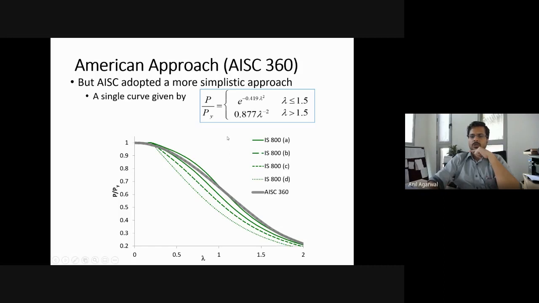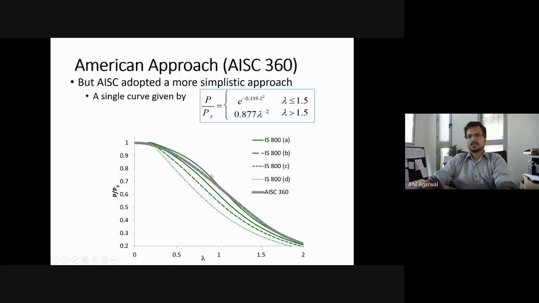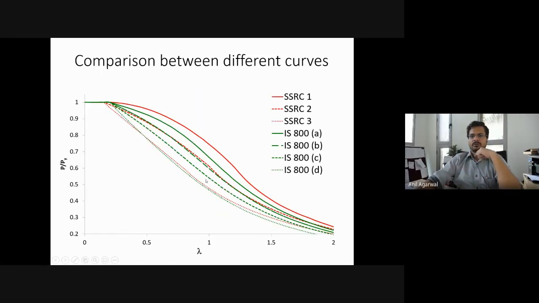American code committees always try to keep things simple rather than adding too many options. And the SSRC curves are the foundation of the development of the AISC curve. This gray curve here was developed based on the findings of these SSRC curves.